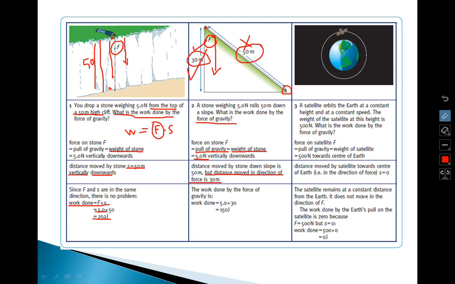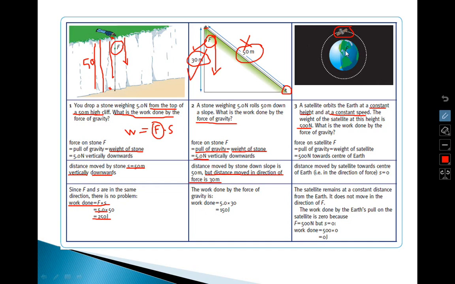Now another example here is slightly different from the previous one. We have a satellite that orbits the Earth at a constant height and at constant speed. So the weight of the satellite near the Earth is 500 Newton.